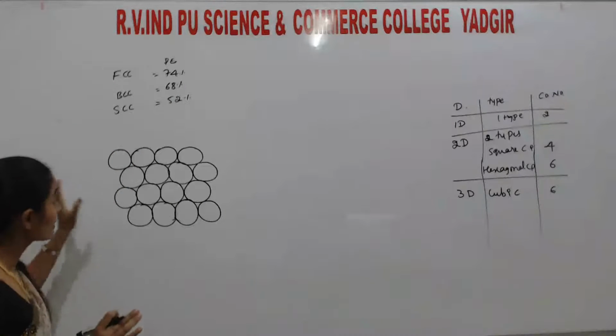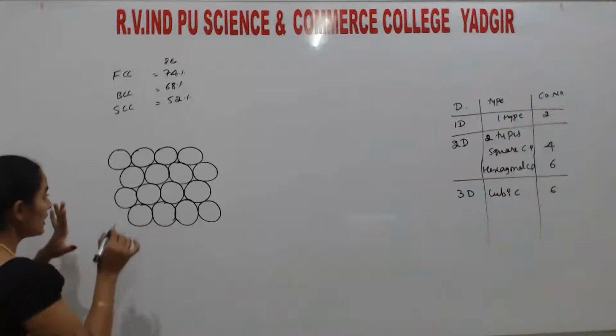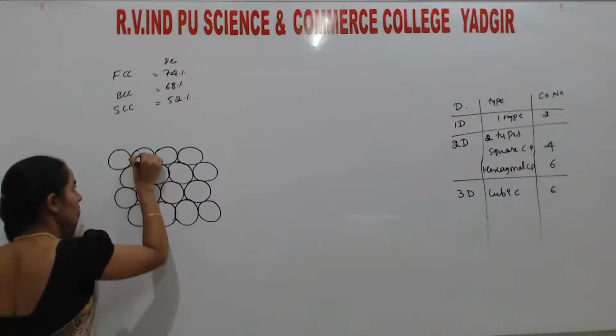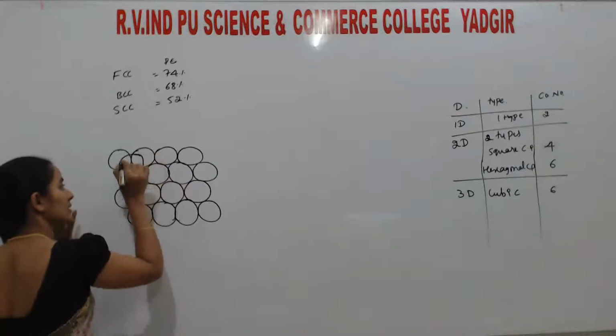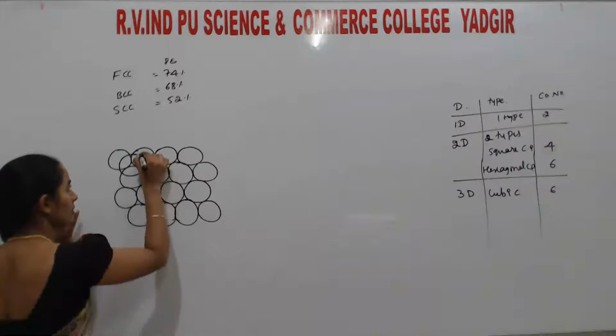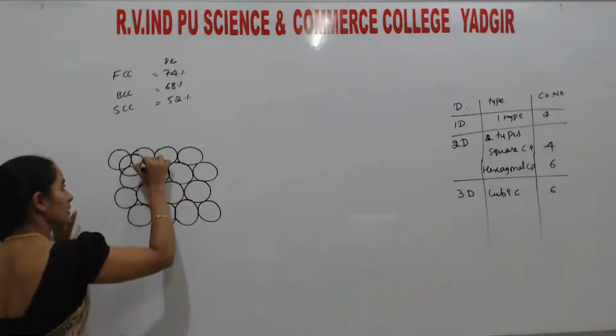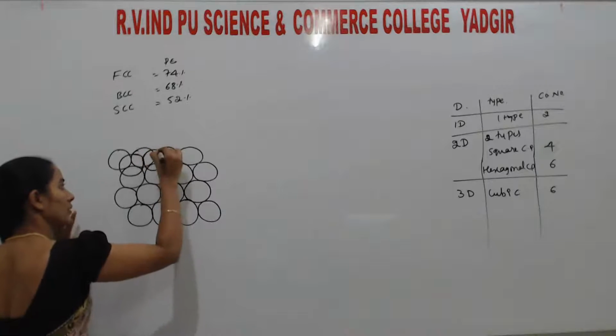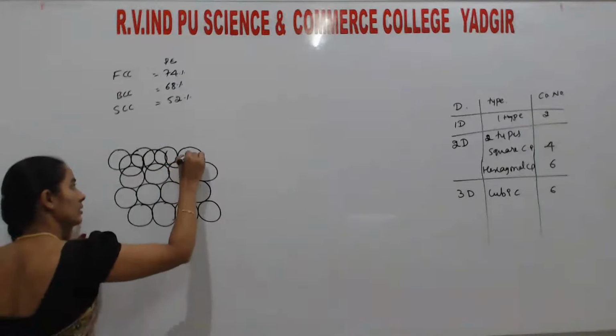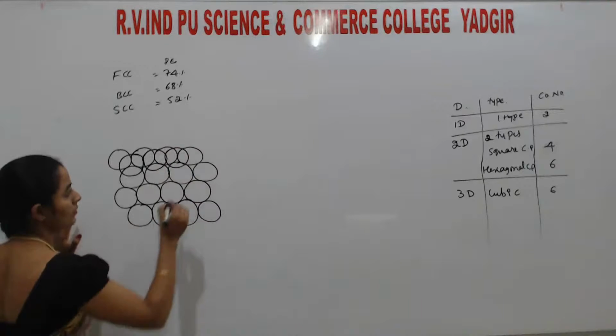Next, the second layer is placed here. Of the depressions, this is the depression point. It's placed here. Next, another one. Next.